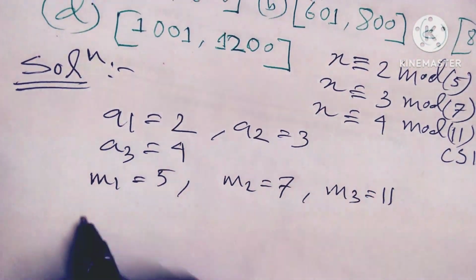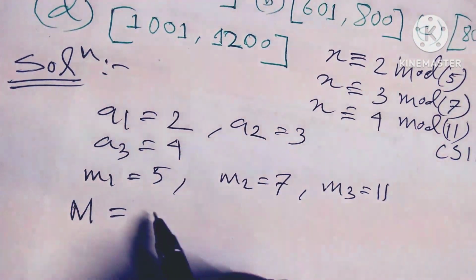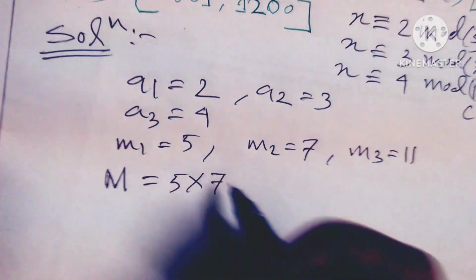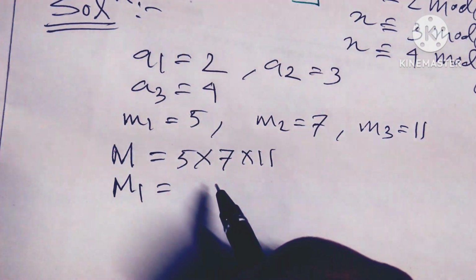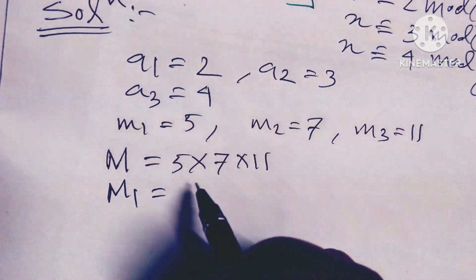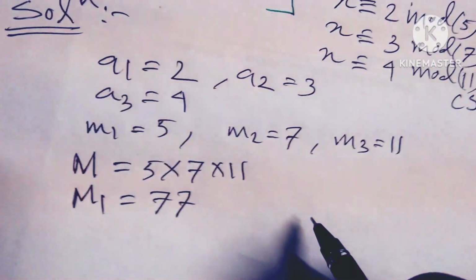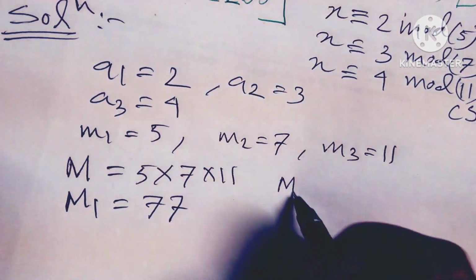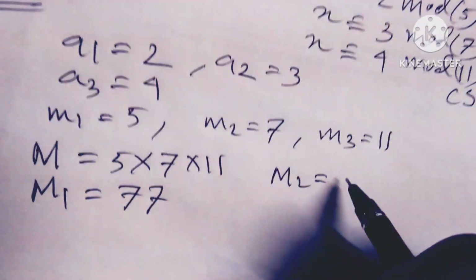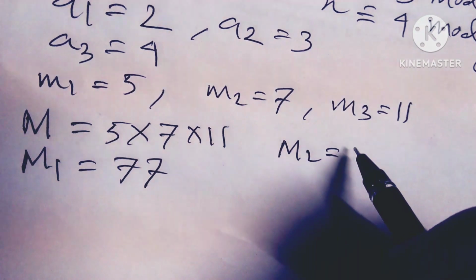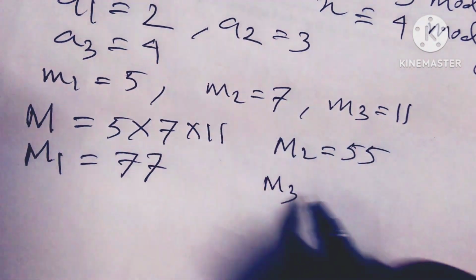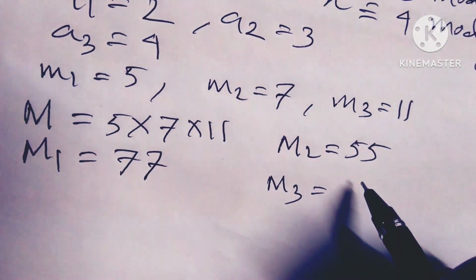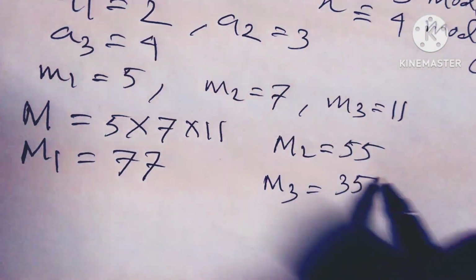So friends, capital M equals 5 times 7 times 11. Capital M1 equals 77, capital M2 equals 55, and capital M3 equals 35.